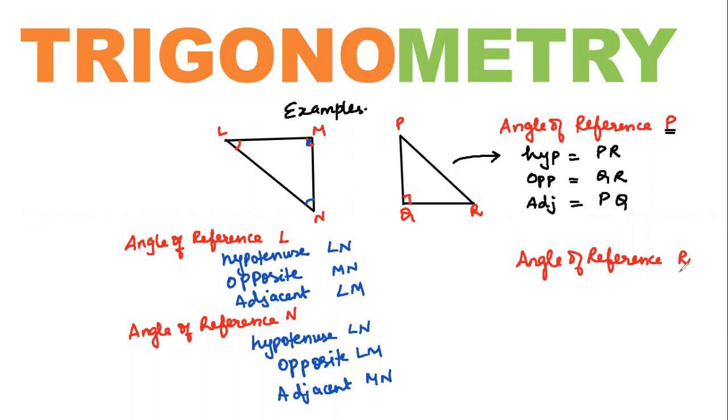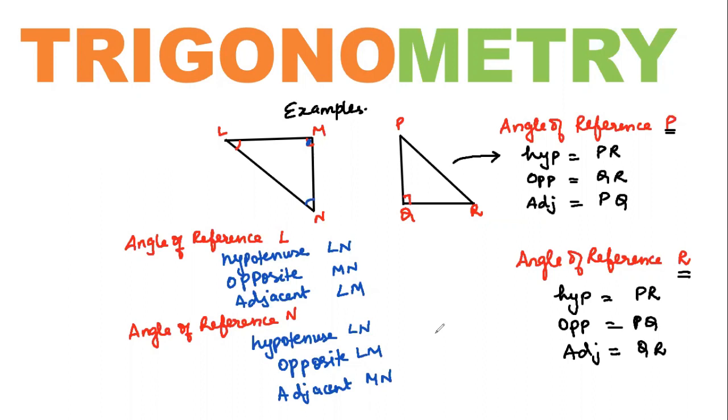Similarly, for angle R, the hypotenuse remains the same, PR, opposite will be PQ, and adjacent will be QR. So this is the main concept which you need to understand to find the angle of reference. What is the opposite and the adjacent? Based on that, we will be deriving the trigonometrical ratios.